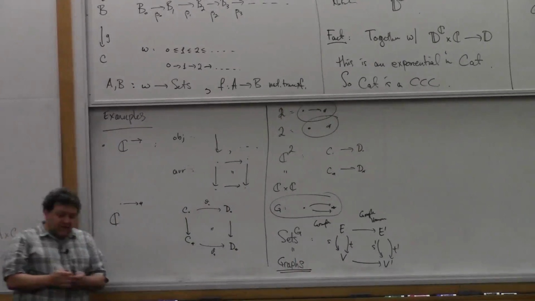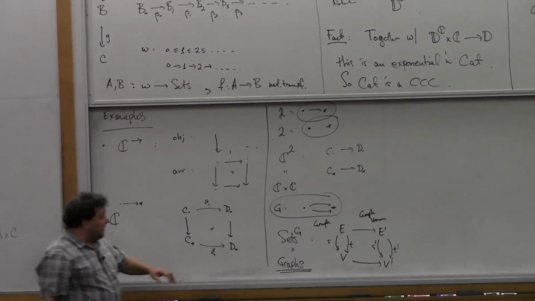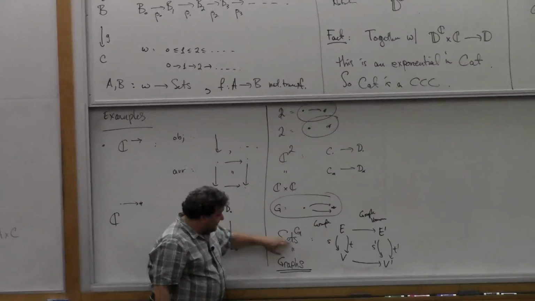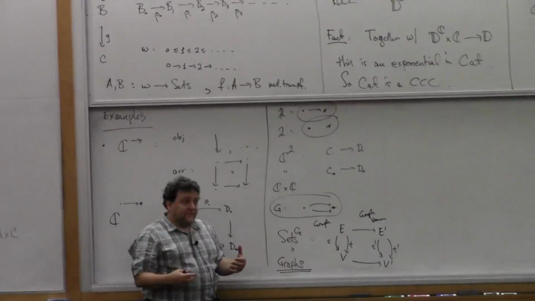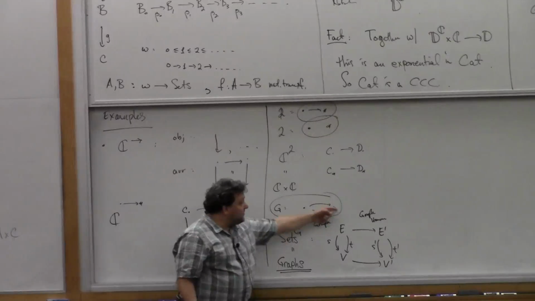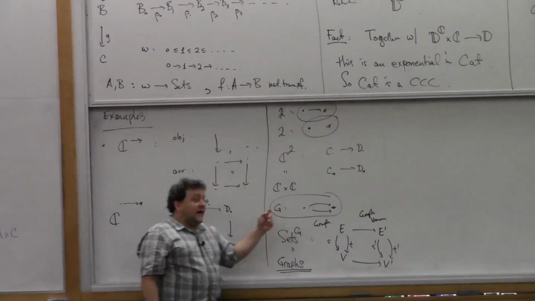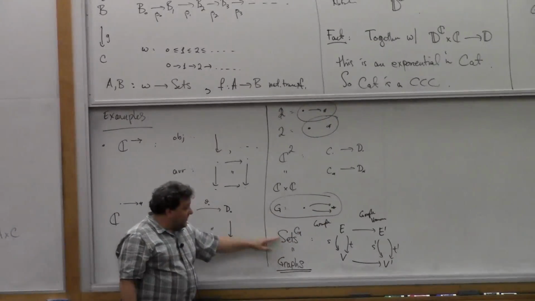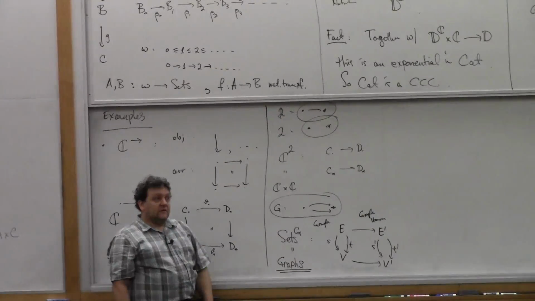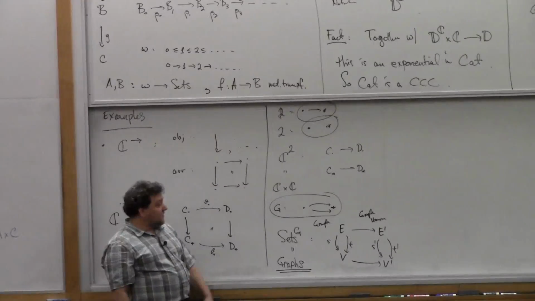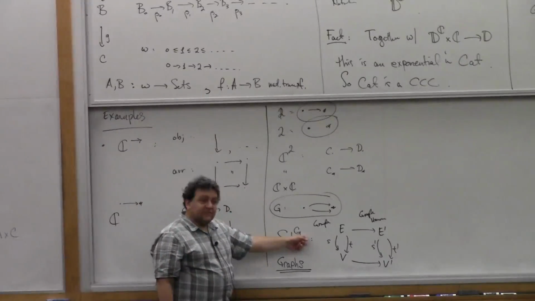And in general, you can think of a functor into sets as a kind of structured set where the structure is given by the shape of the index category. And a natural transformation between such structured sets is a structure-preserving homomorphism, right? Another example you may have seen is simplicial sets.